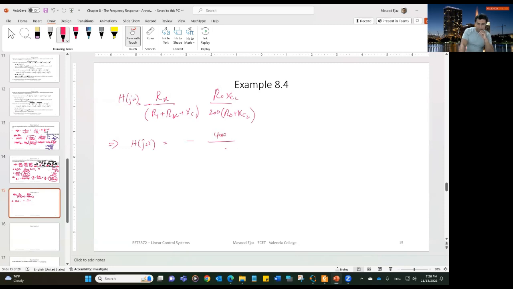So 4,000 over 5,000 times 5,000 plus XC1, so plus 1 over j omega C1, times R0 XC2.